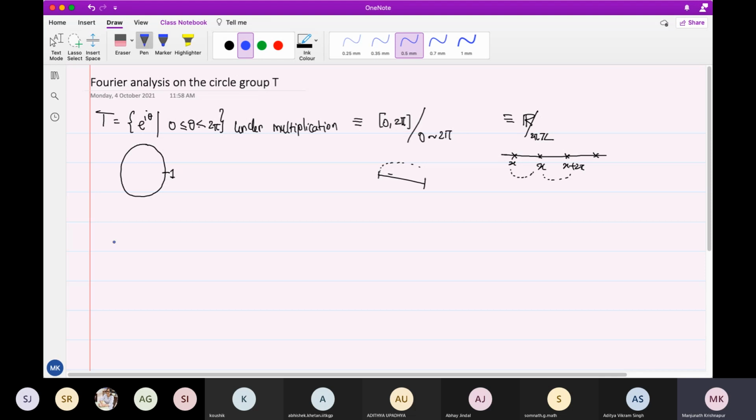So what is it that we want to do? So this is a group. It's an abelian group under multiplication. Okay. But unlike with the finite situation, here there is a bit more. So what are characters? So let's come to the question of characters.